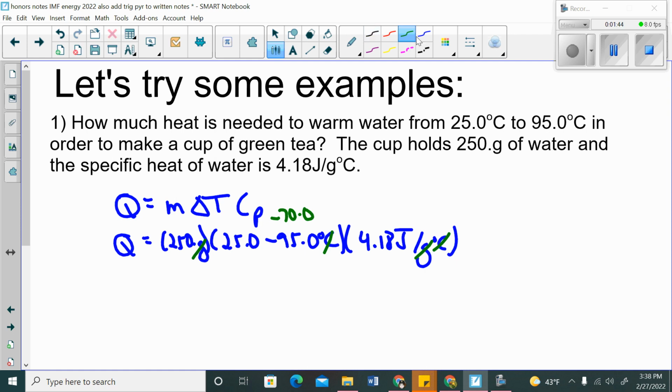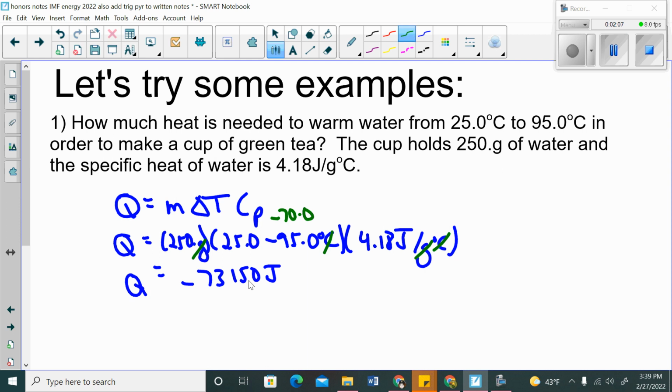All right, now all you have to do is solve. So you multiply: 250 times negative 70 times 4.18, and you get negative 73,150 joules. You need to check your significant figures.